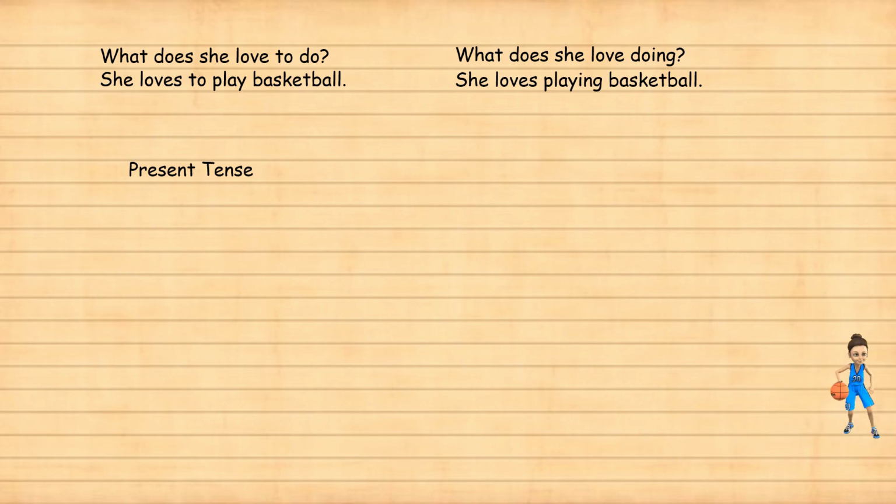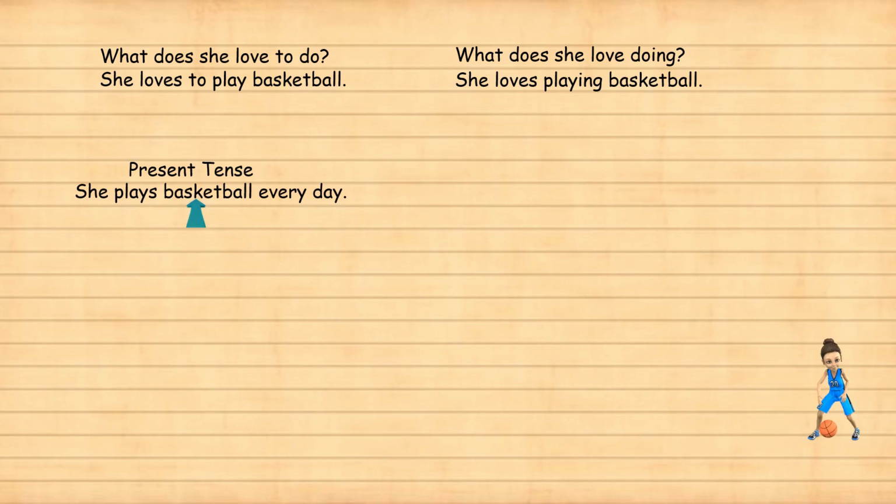Present tense. Write the sentence in present tense using the verb, to play. She plays basketball every day. The arrow points to the answer. What is the question?